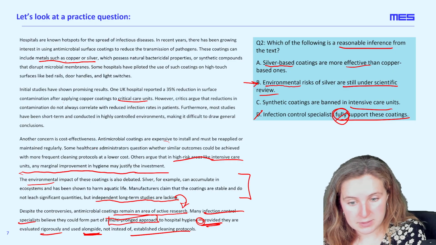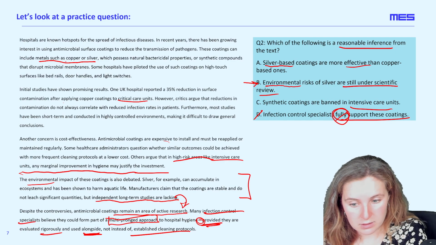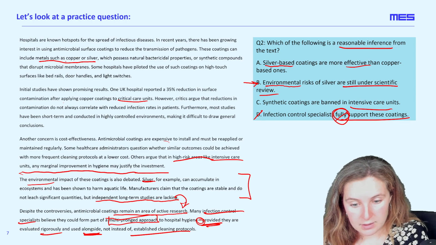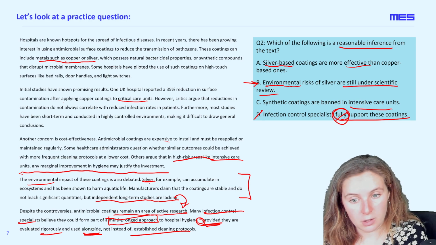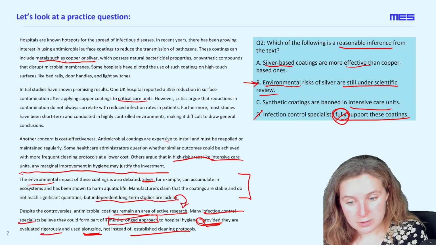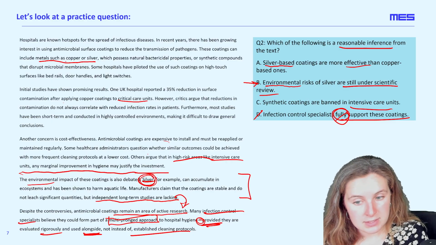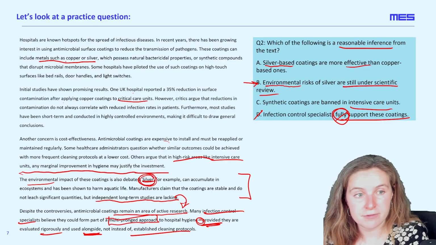And then as we keep scanning, we can't see very many other places where the difference between silver and copper is expanded. For example, the only time we can see that silver is being spoken about on its own is here, where they're talking about the environment. But that doesn't say that they have anything to do with the efficacy of silver versus copper.